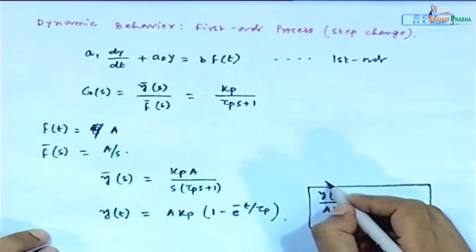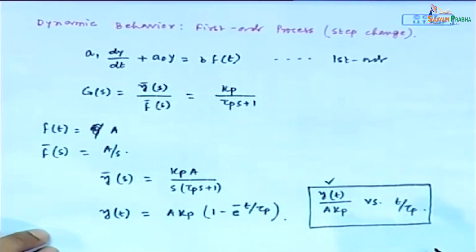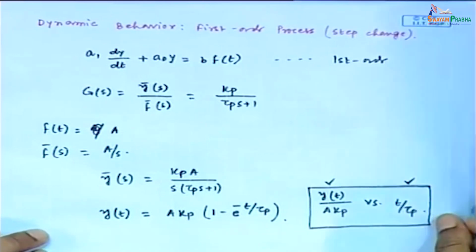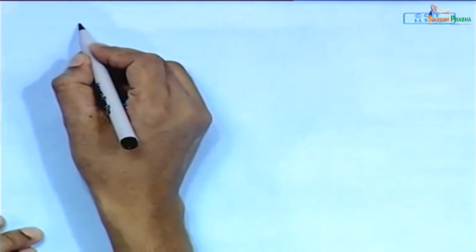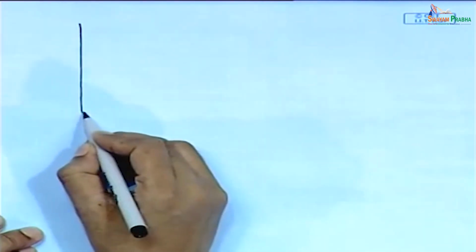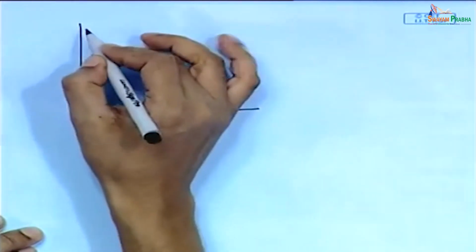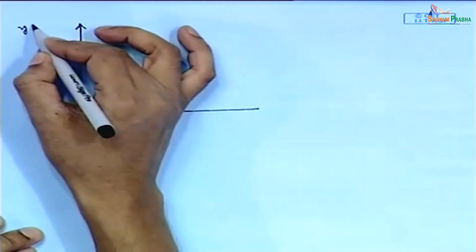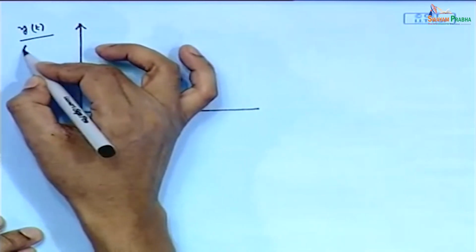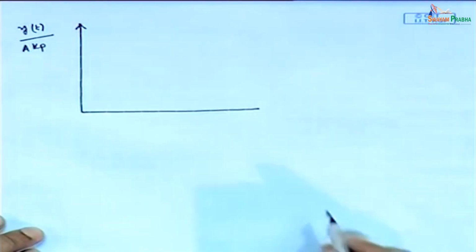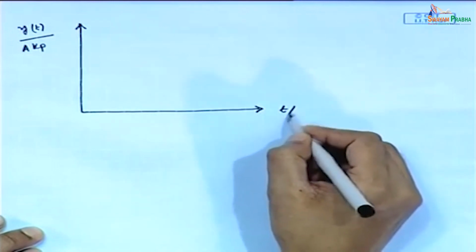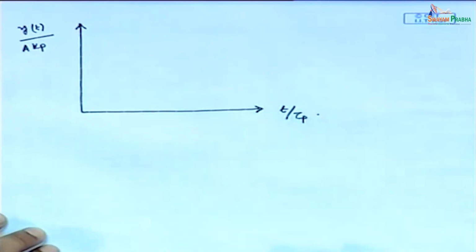This is the dimensionless quantity which we will consider along y axis, and this is also the dimensionless quantity which we will consider along x axis. So, what will be the plot?